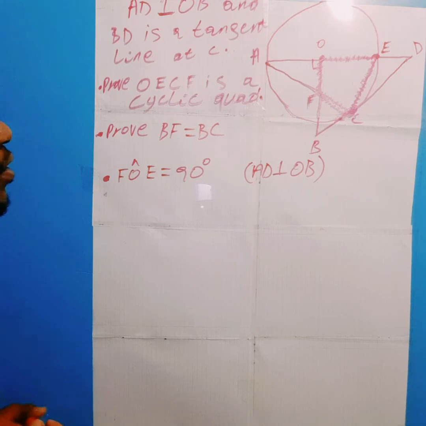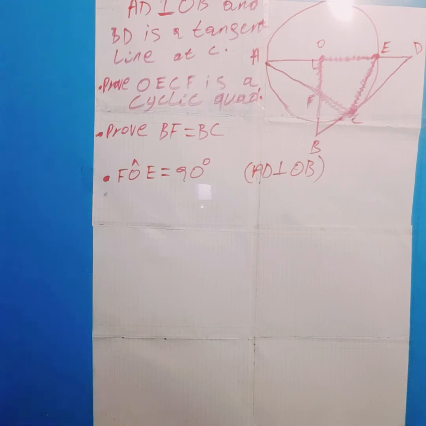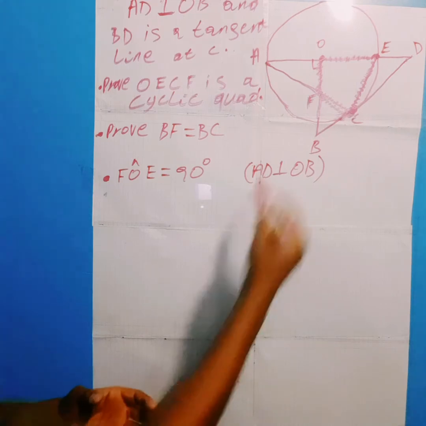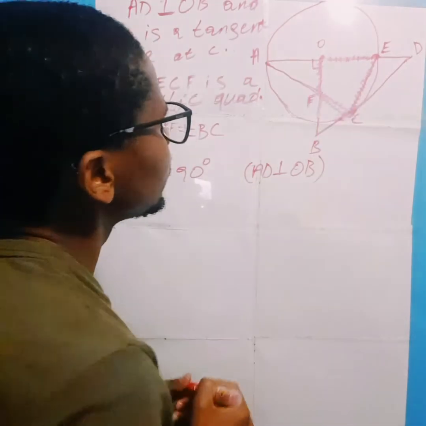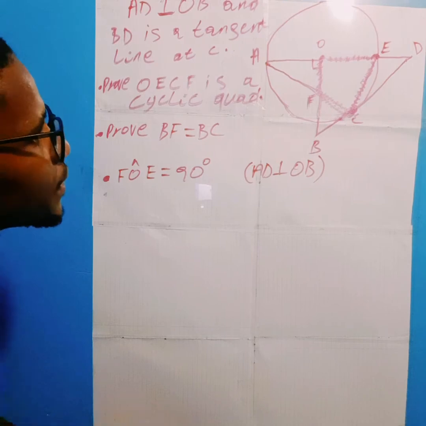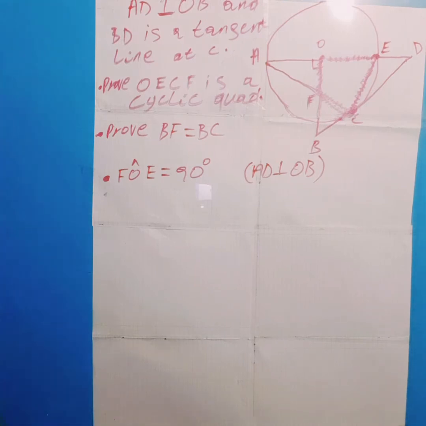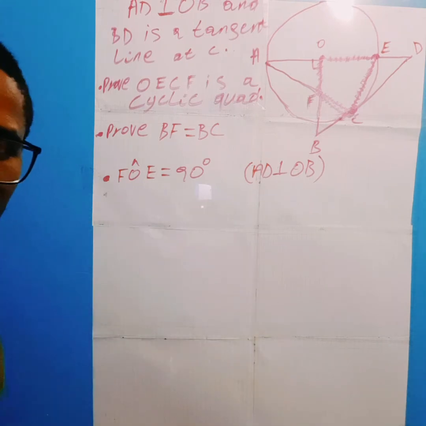All right, so now you quickly check the opposite angle of that one. The opposite angle of this angle is this one. So what do you know about this opposite angle? You know the angle of the semicircle.